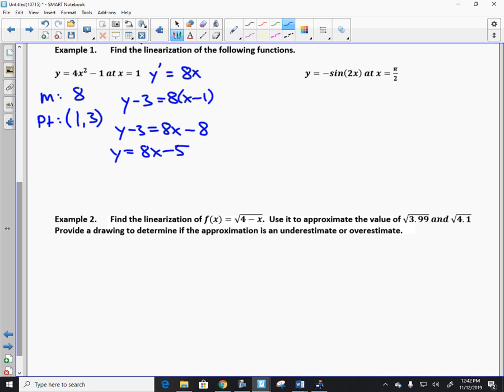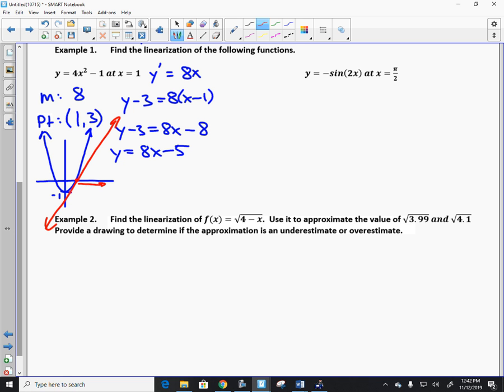Now, I want to be clear so that you understand what we found, okay? Do you know what that graph looks like? Okay, so here's what we've determined. This line, which is tangent at a value of 1, so I'm just going to draw this graph right here. As you move further away from 1, it's not a very good estimation.